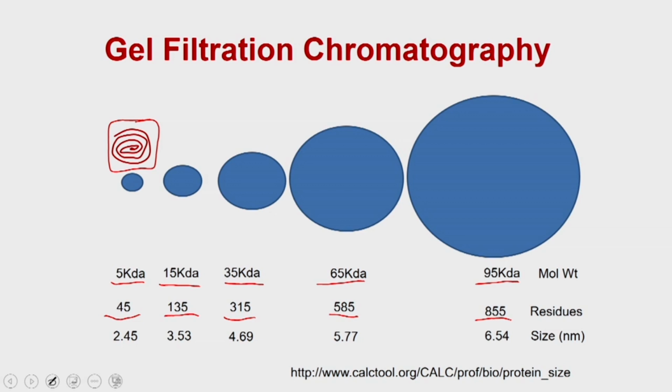So, what you see is that the protein which is of 5 kilodalton has a radius of gyration of 2.545 nanometer, whereas in the case of 15 kilodalton it is 3.53 and 4.69. So, what you see here is that as you increase the size of the protein, its radius of gyration increases, which means as you go from a smaller protein to a larger protein, and all this is applicable only for globular proteins, the diameter of that particular ball is increasing.